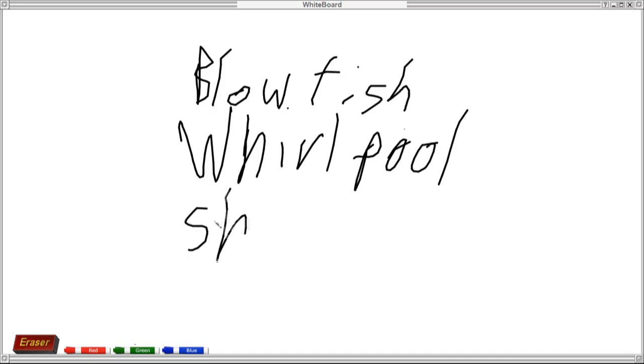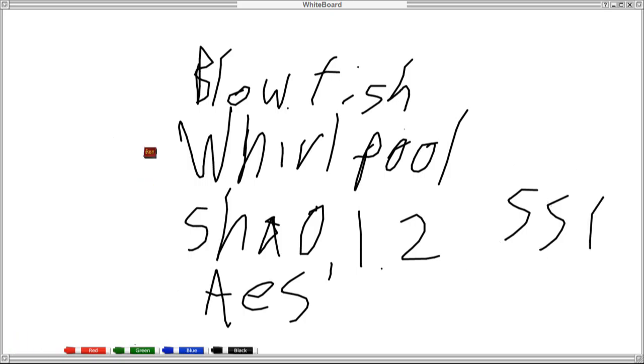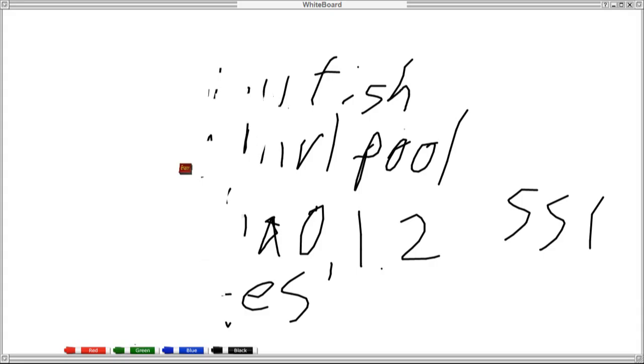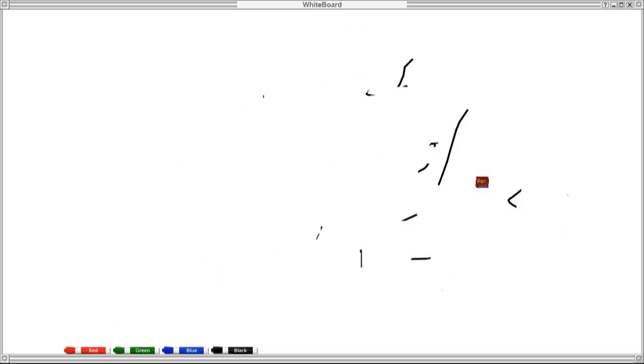There's SHA, which is 0, 1, and I think 2. And then there's AES, SSL, and so on. All these types of encryptions. But this is only a little introduction of what cryptology is and all. I'll cover more in depth of this sort of stuff in my next video of this series.